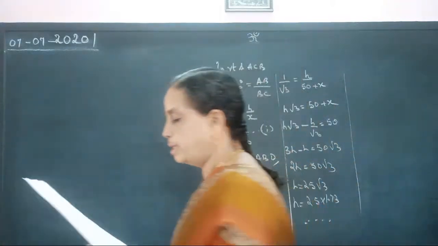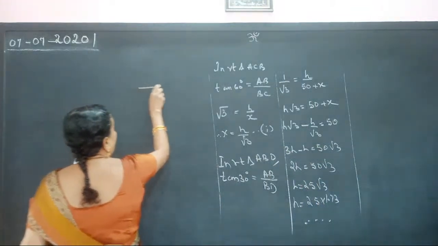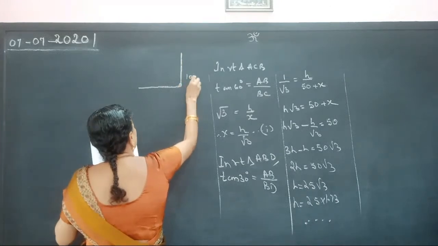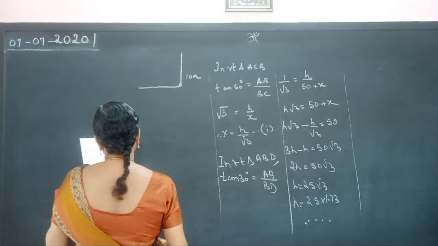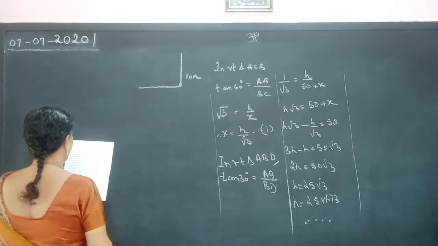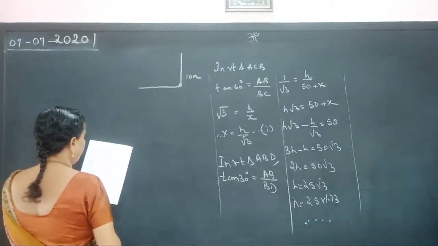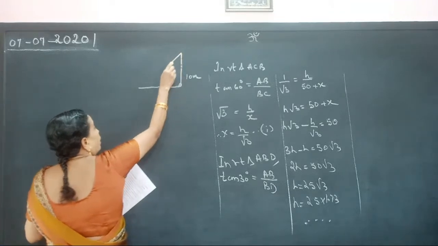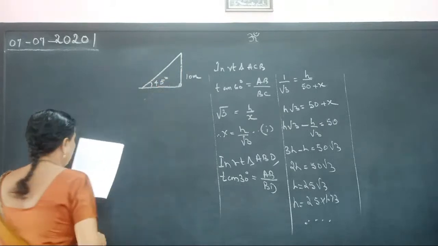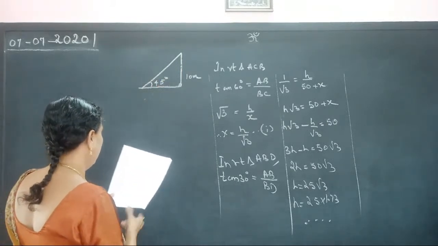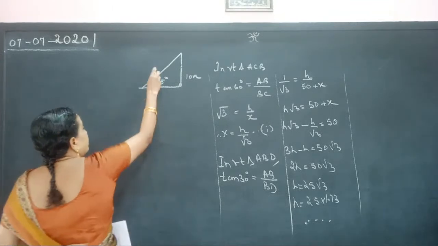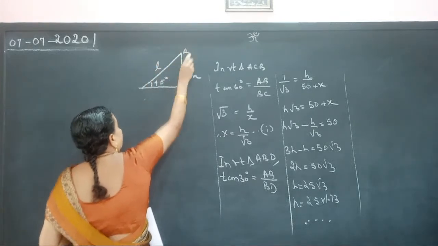An electric pole is 10 meter high. A steel wire tied to the top of the pole is affixed at a point on the ground to keep the pole upright. If the wire makes an angle of 45 degree with the horizontal through the foot of the pole, find the length of the wire.